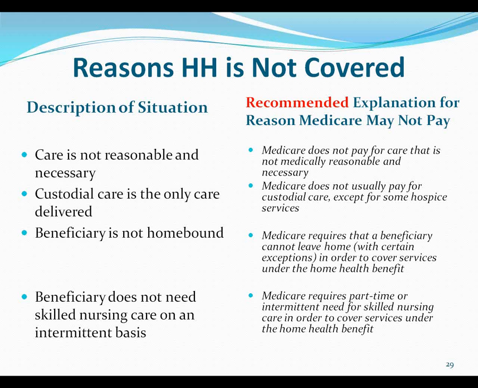And then the fourth, Medicare requires part-time or intermittent need for skilled nursing care in order to cover services under the home health benefit. So if you decide to pre-print these forms, you may be able to use this language that Medicare is recommending. They are not saying that you have to use it, but you would use similar language to this.